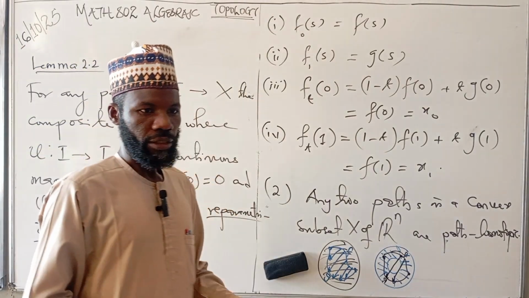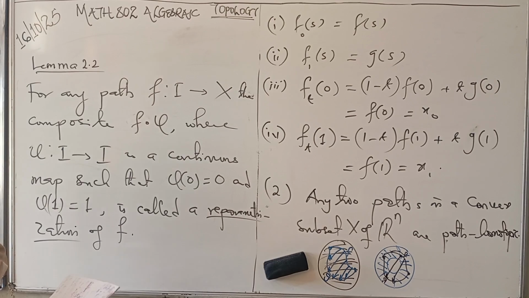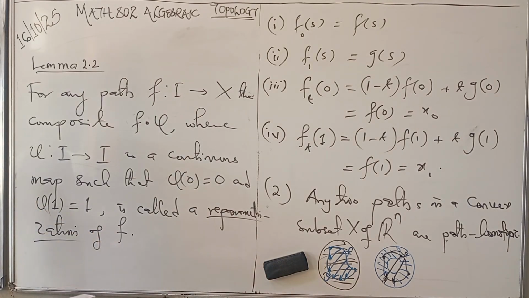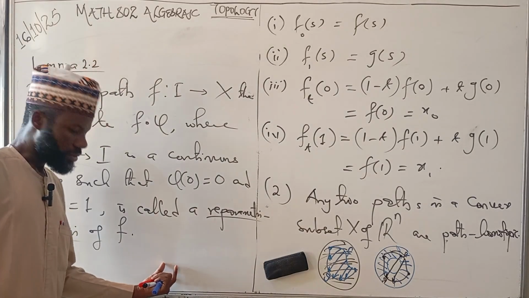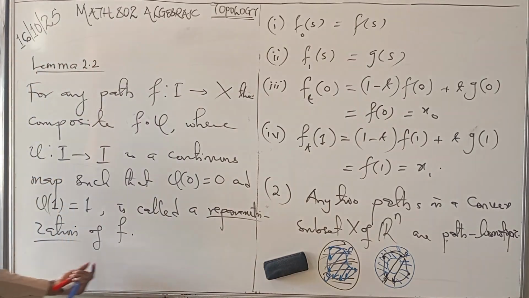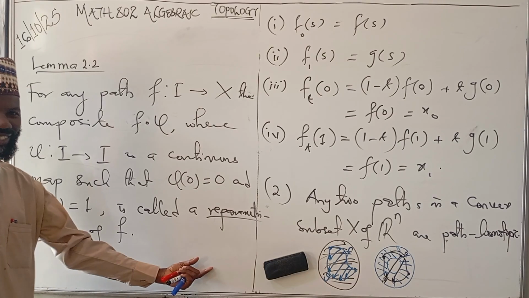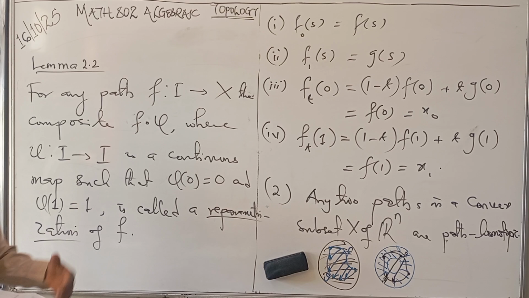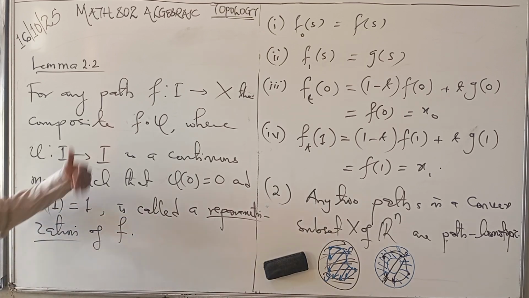Like what we did before was a linear reparameterization: if you put 1 minus t, t is already a time, and you change the parameter. At the end of the day, the function is a function of s instead of a function of t. So it's a reparameterization of the curve.